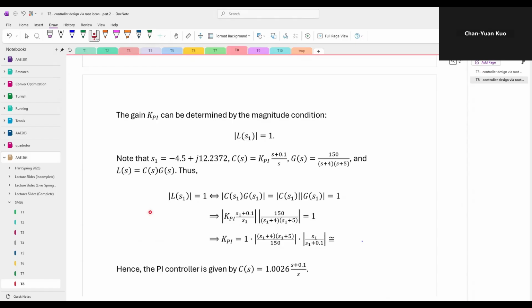And doing so will give us the gain of 1.0026, which is almost 1. And this is expected because the PI controller was designed to have only a minimal effect on the original root locus while increasing the system type.